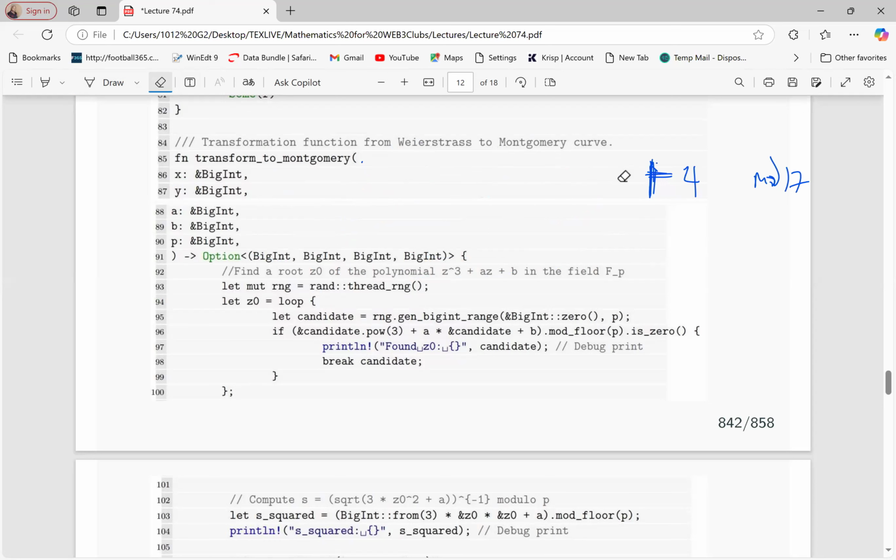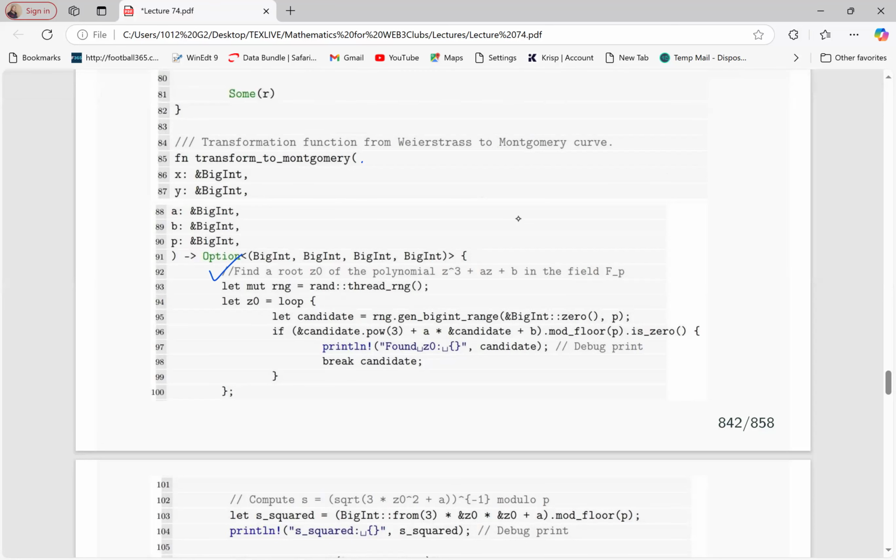As you write the code, you give it formulas for performing S, for solving the polynomial to give you the root. And that's what I began with. I began with find a root for the polynomial. So this is the part that defines that root.